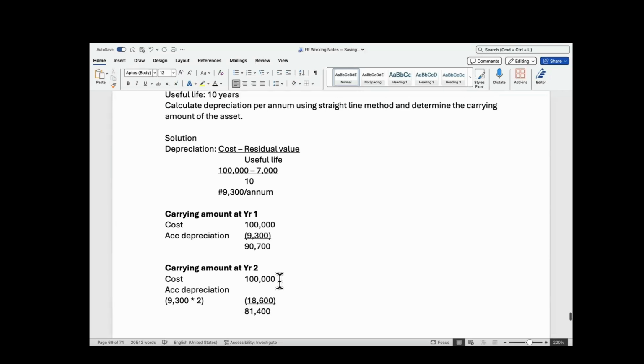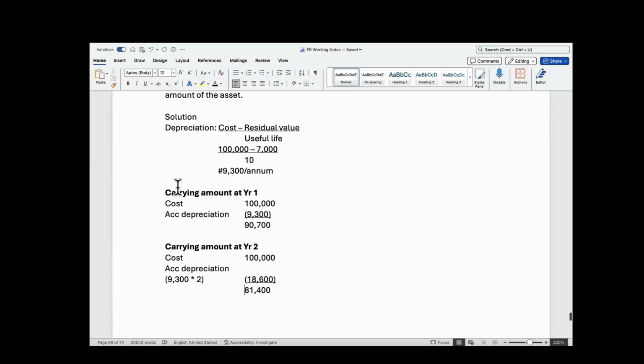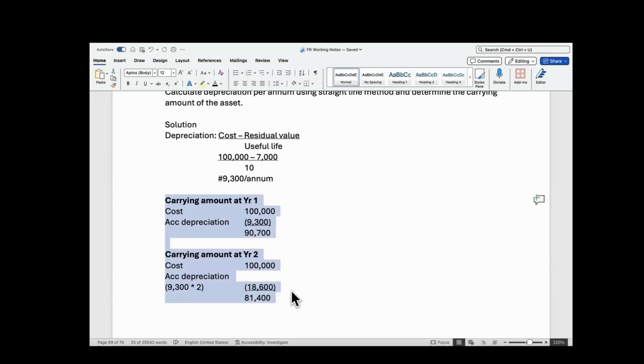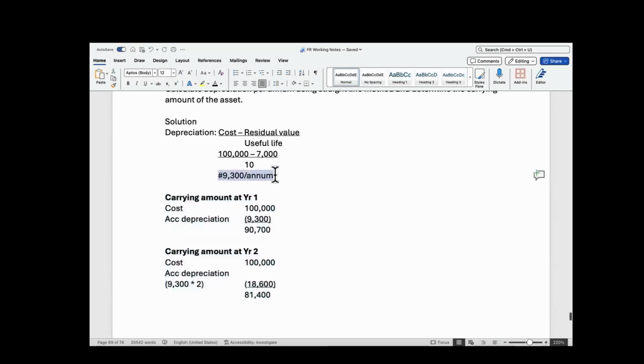Okay, so as I was saying, you see, these workings that I'm doing, I really need you to understand that in real life, this is done in a fixed assets schedule in the notes to the account. And usually, this depreciation amount goes to your P&L every year. So what goes to P&L every year is 9,300.